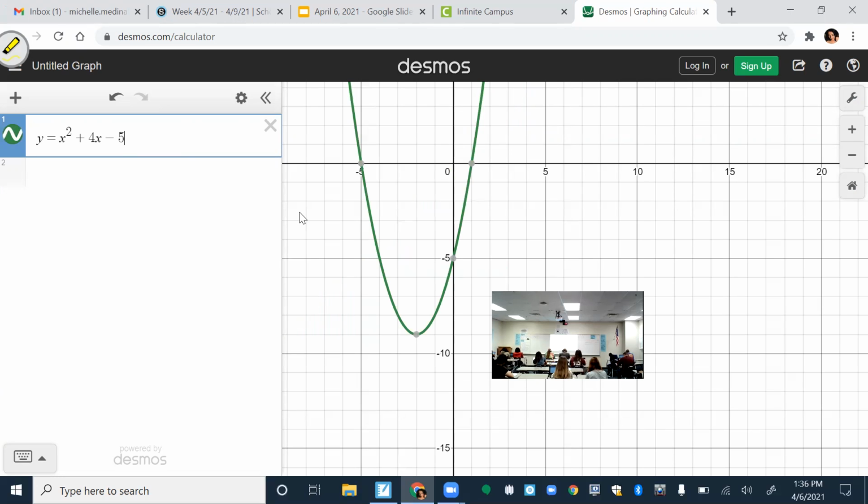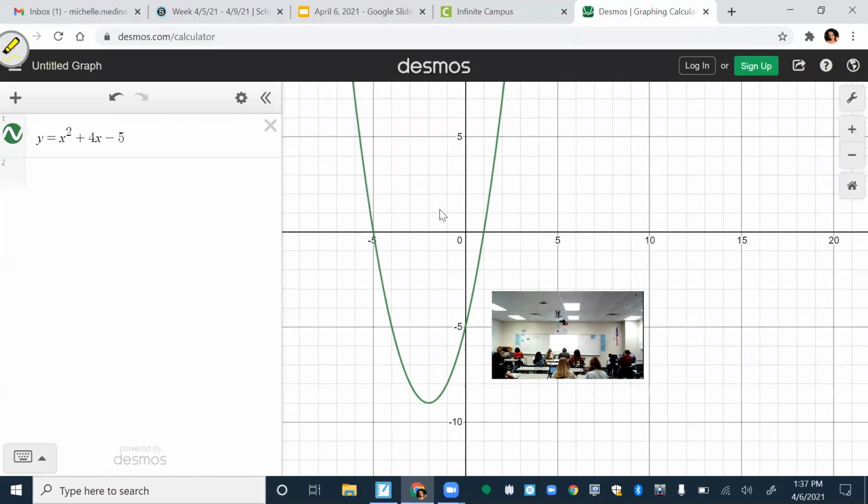All right, here's what it would look like. So notice I did type it in exactly how it looked on my paper. And then I just need to now look at this graph and identify my quadratic roots.